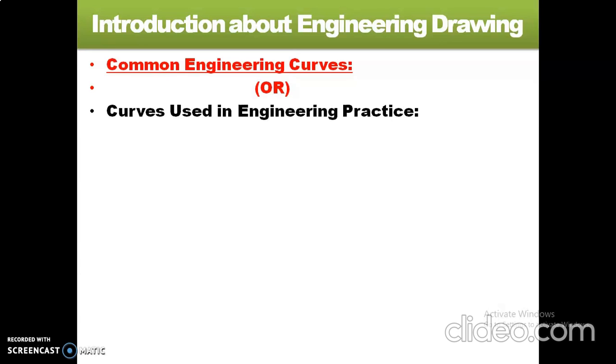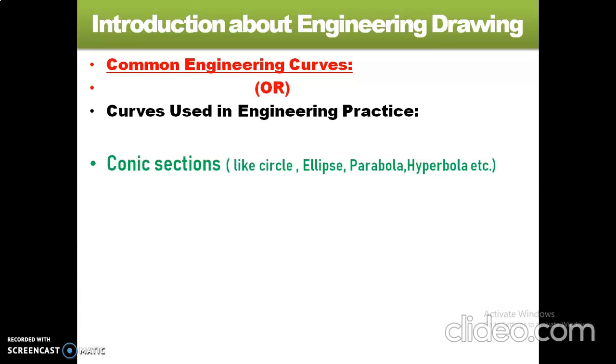Second topic is conic sections like circle, ellipse, parabola, hyperbola, etc. These are called conic sections. Next, third topic is conic. Fourth topic is general diagram of ellipse, parabola, hyperbola.